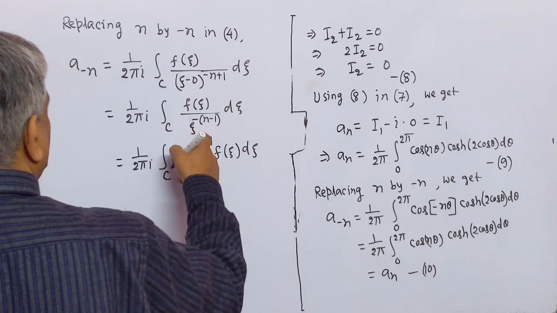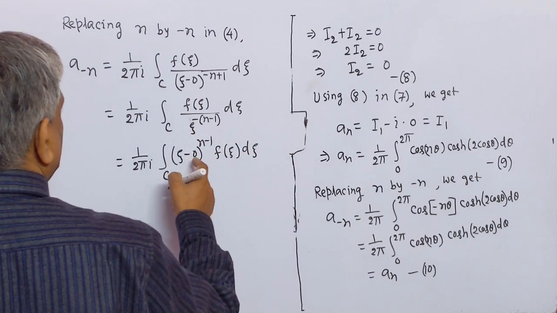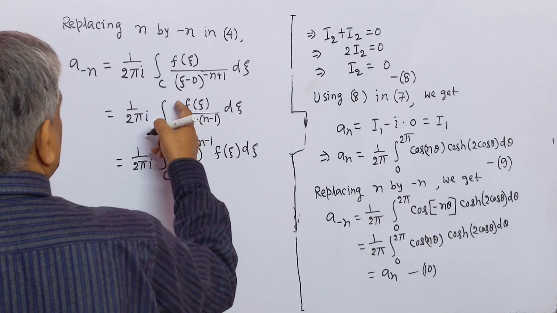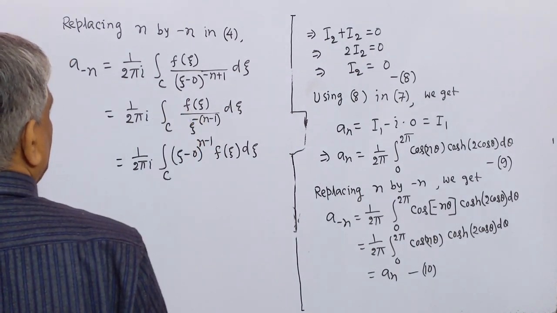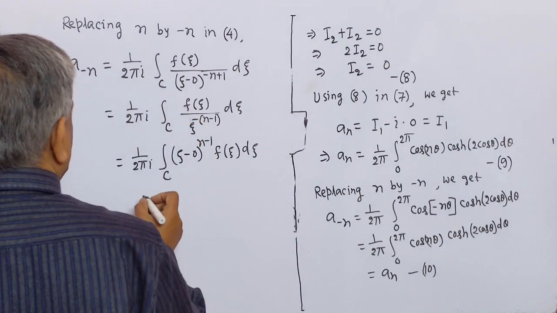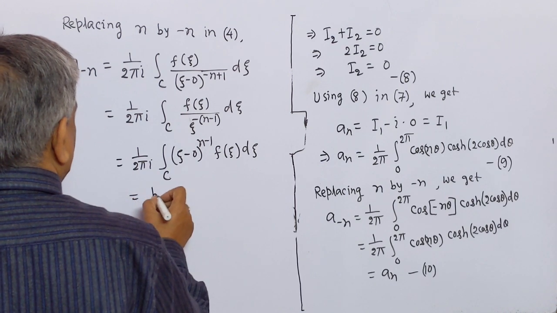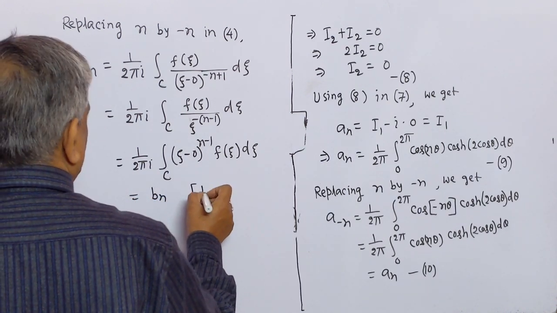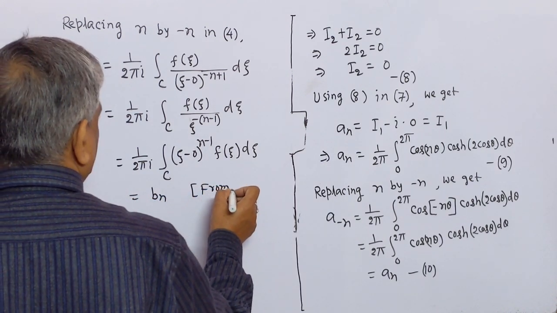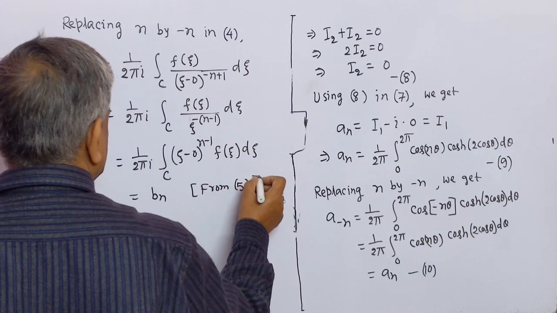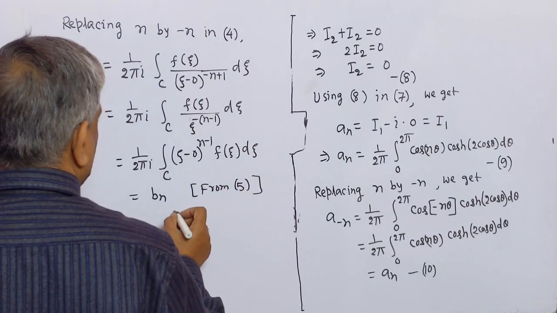Here in place of xi we may write xi minus 0, and this comes as numerator, and this is equal to Bn from 5. This is number 11.